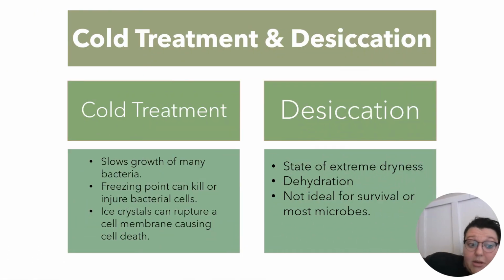Now, we talked about the heat measures, so we'll jump into this cold treatment and desiccation. So with a cold treatment, you can think of refrigerating food. So this kind of slows the growth of any bacteria. The freezing point can actually kill or injure these bacteria cells, and ice crystals can actually rupture that cell membrane and cause cell death.